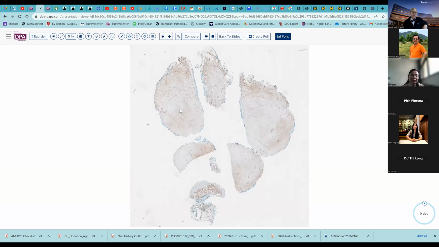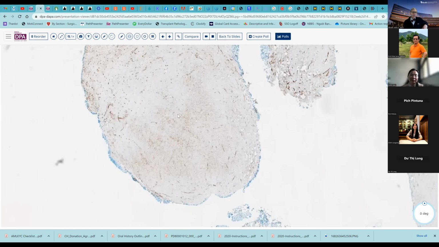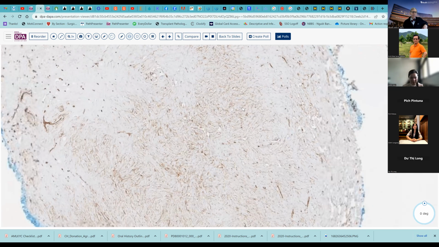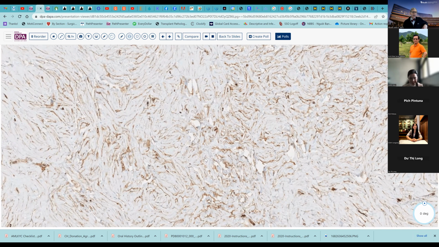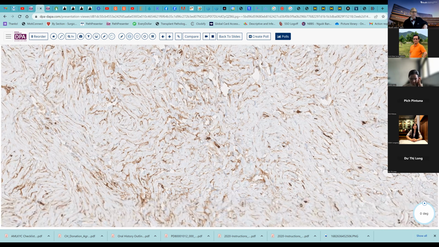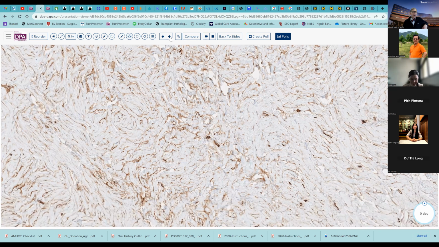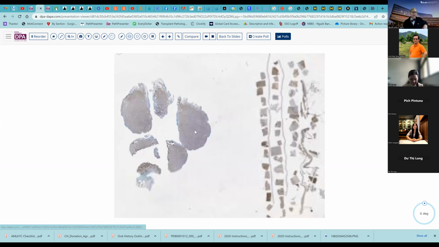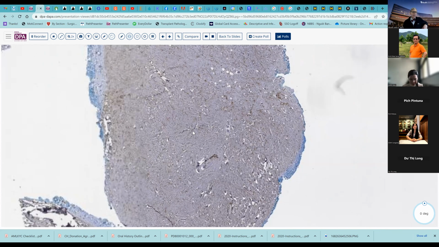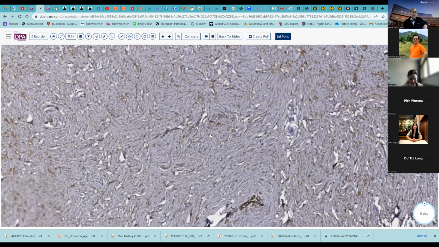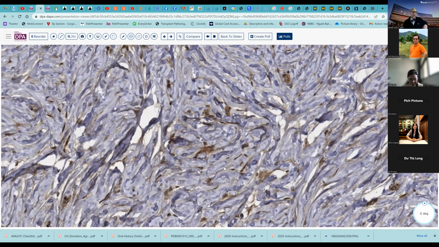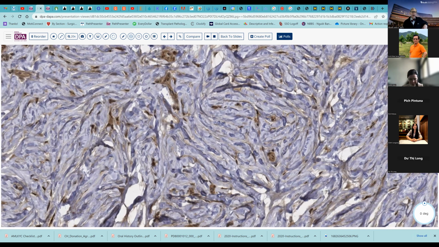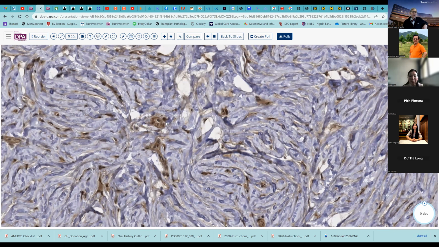So here is the CD34 stain, which can show a little bit of positivity in these fibroblasts and cells, as well as in the vessels. And then we did a PTEN stain, which looks a lot like it is positive, but if you come in here and look, this is supposed to be a nuclear stain, and all of the nuclei that you see in here, other than the vessels, are negative.